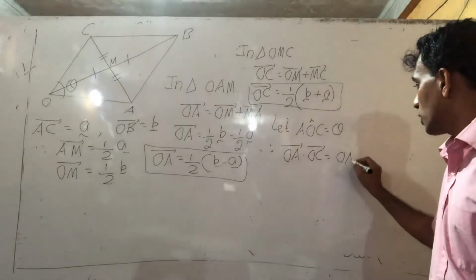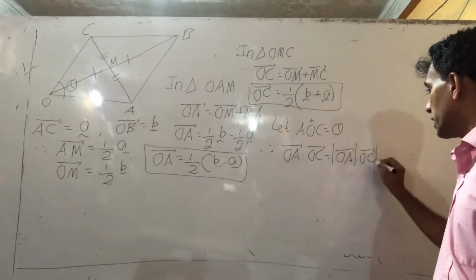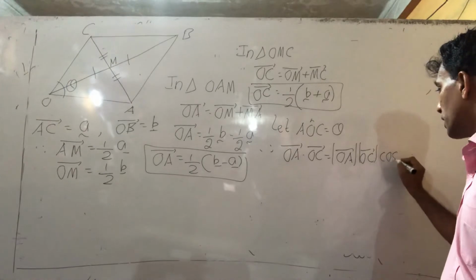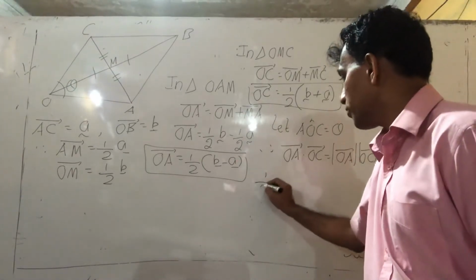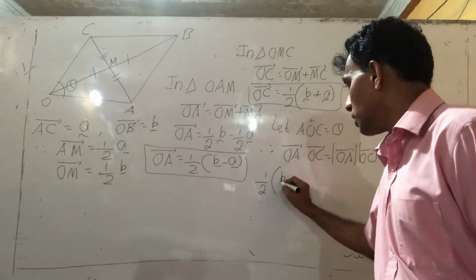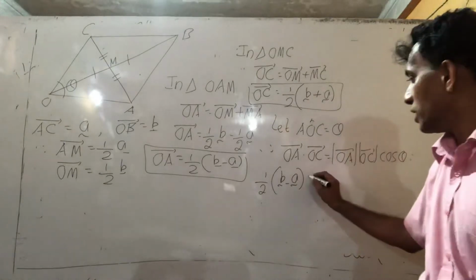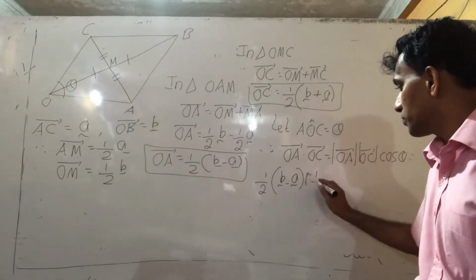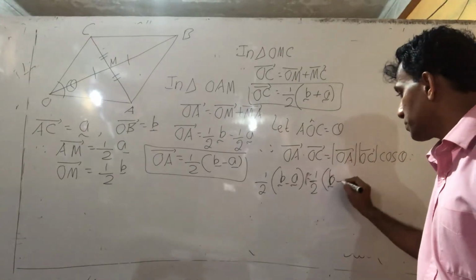Mod of vector OA, mod of vector OC, cos theta. Okay, then write what is OA? Half B minus A. What is OC? Half dot half B plus A.